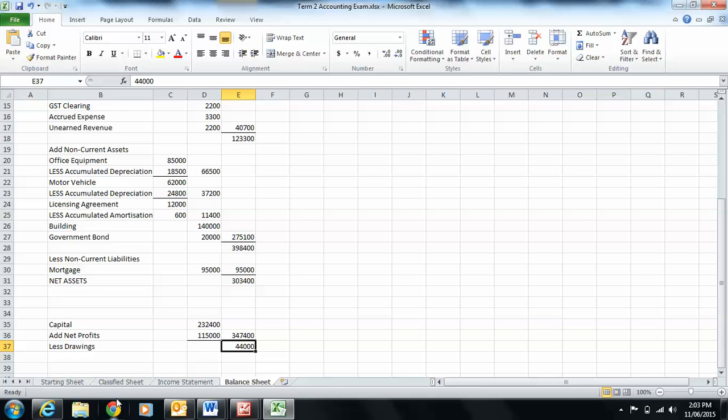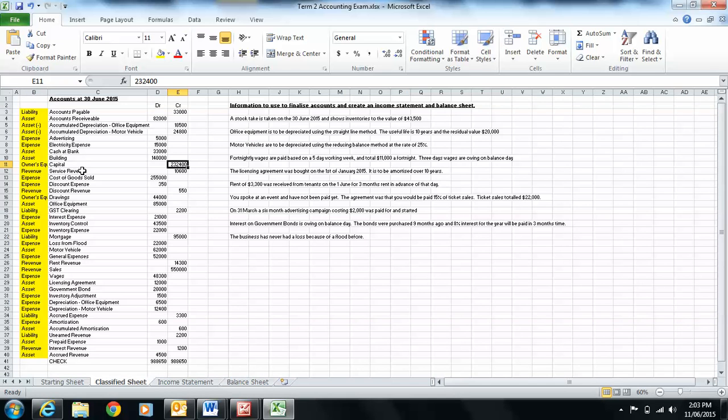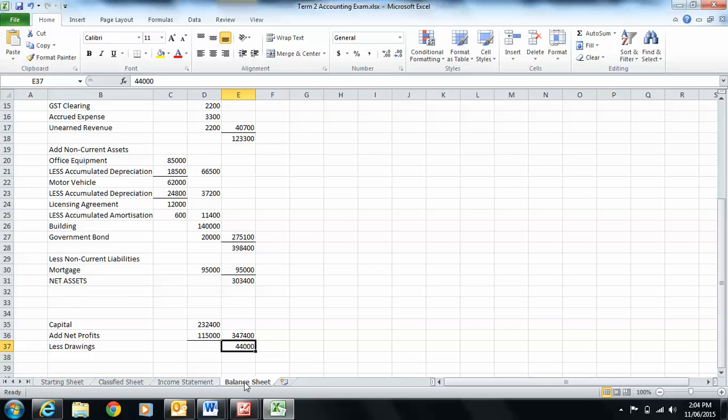We take away our drawings. So if we go to there, we find out our drawings account is $44,000. And that should give us our final figure on the capital side. So that, less our drawings, is 303,400.